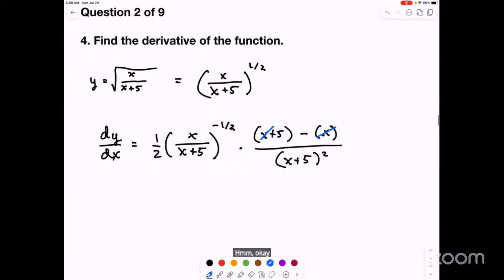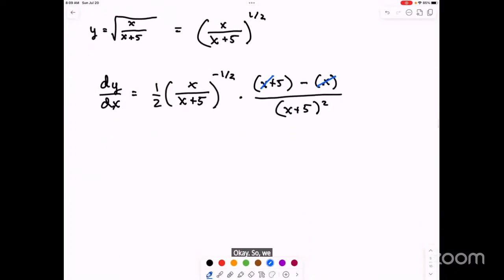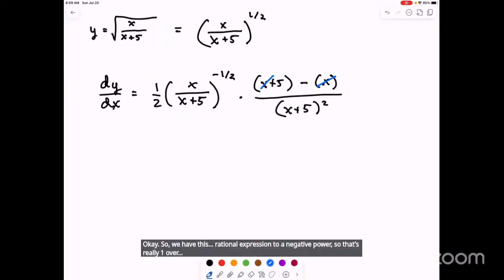Okay. So we have this rational expression to a negative power. So that's really 1 over the square root. And so I'm going to rewrite that first factor. So the half just comes down.